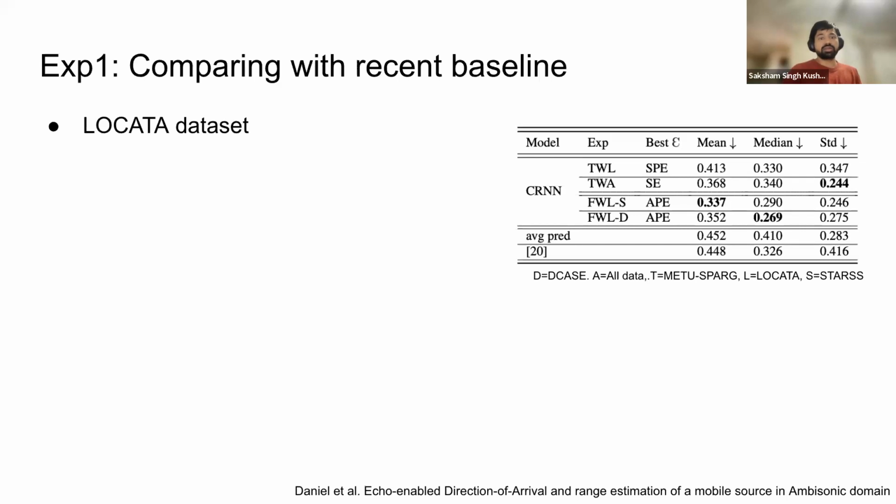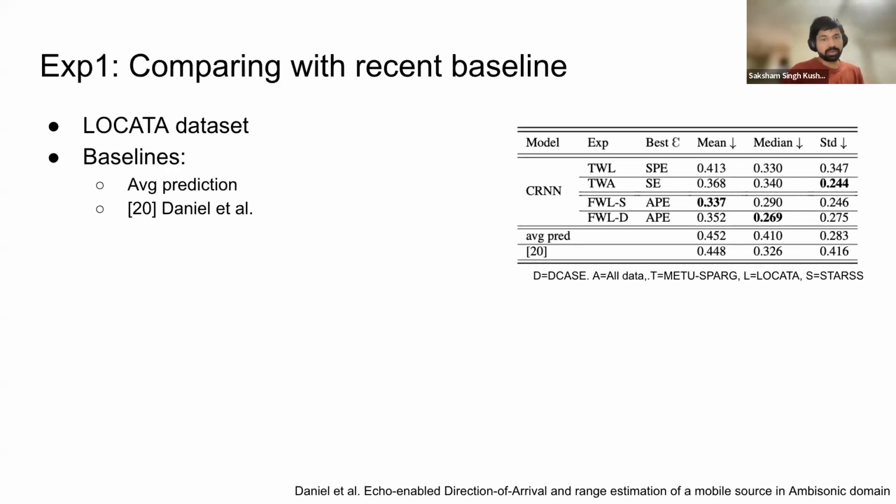We follow the metrics that were proposed in the baseline paper, that is mean, median, and standard deviation. Again, to revise, the model trained with Locata is initialized with a sound detector and trained further with the Locata dataset.